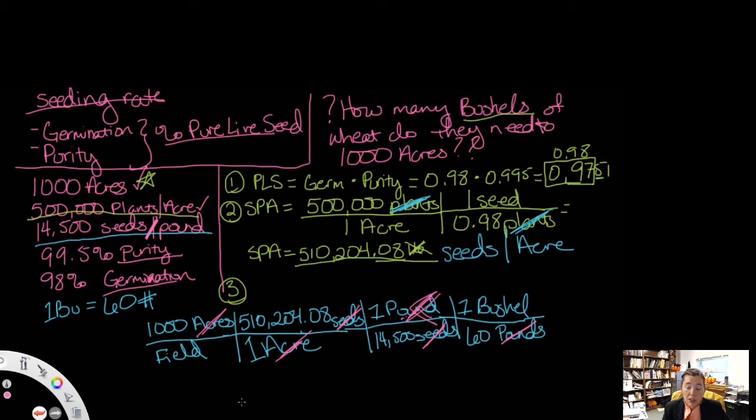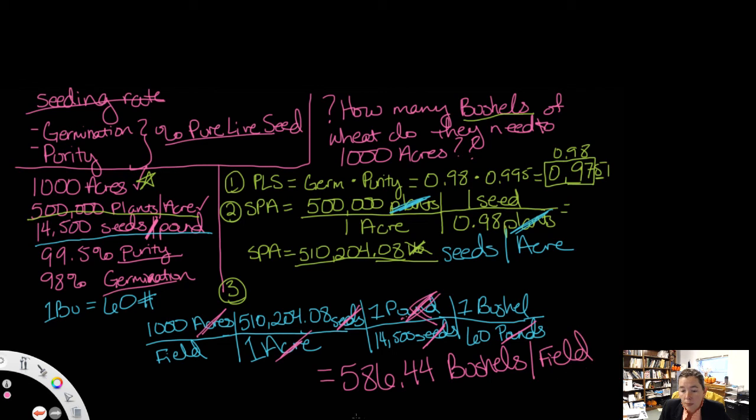Then I'm going to divide by everything on the bottom. So divide by 1 field, divide by 1 acre, divide by 14,500 seeds, and then divide that by 60 pounds. And so you should get 586.44, and that's going to be bushels per field. So this is the amount of seed that this producer needs to buy in order to plant that 1,000 acres.